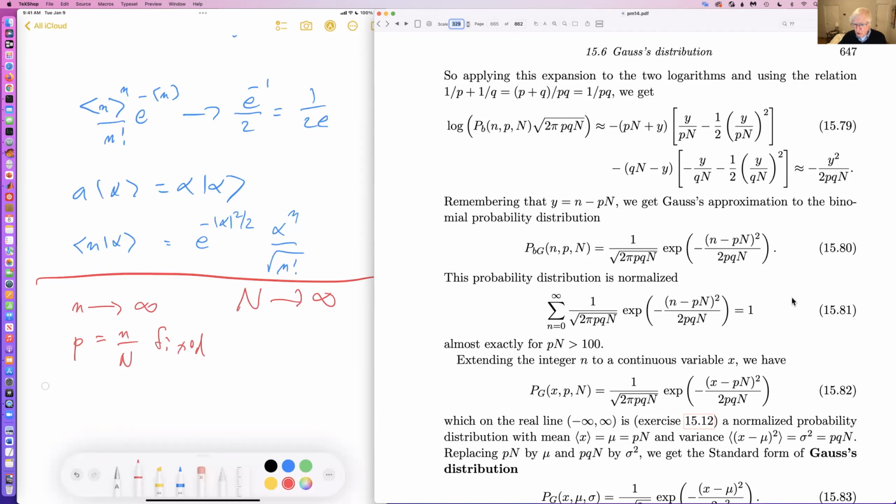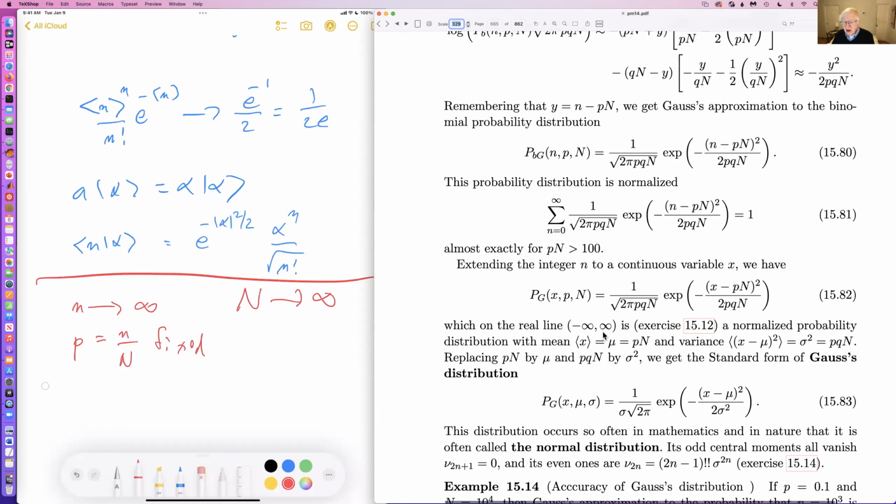Okay, this is normalized, and the normalization is almost exact for pN greater than 100.